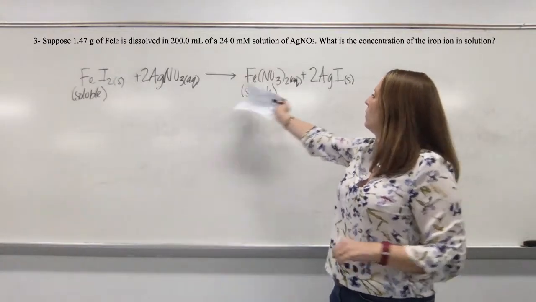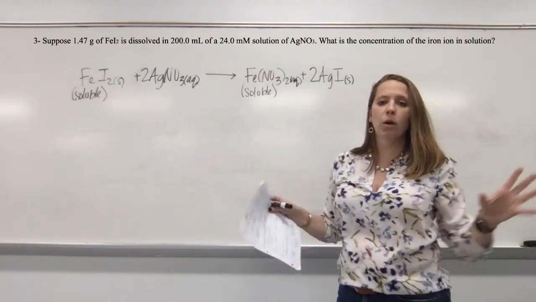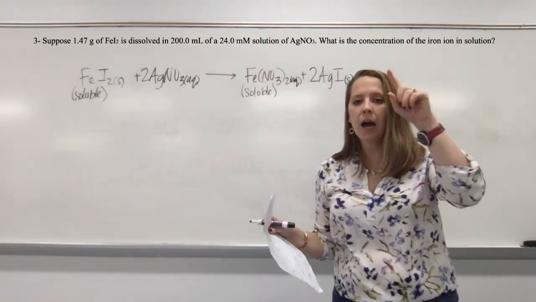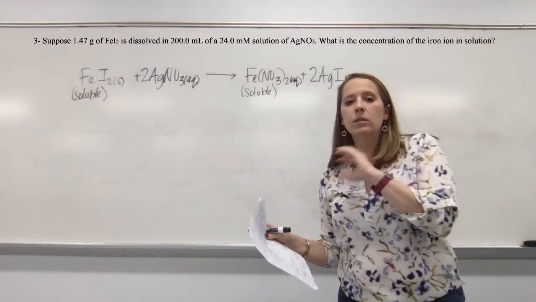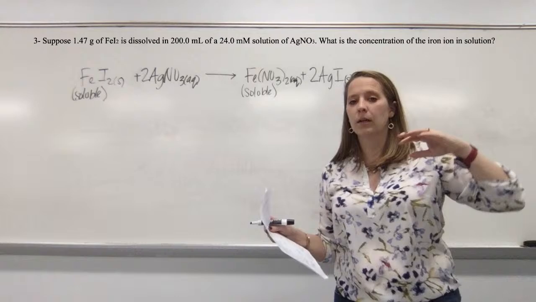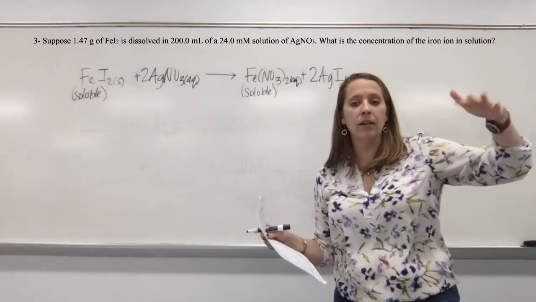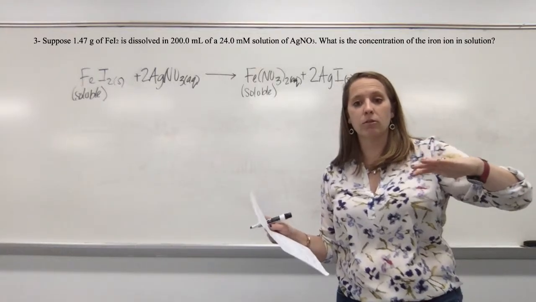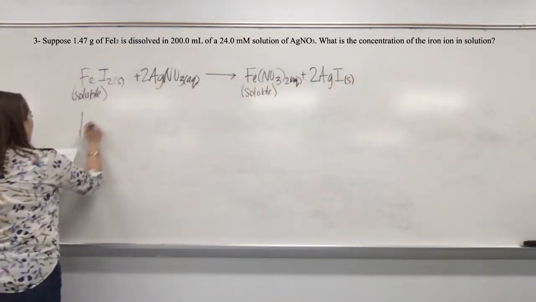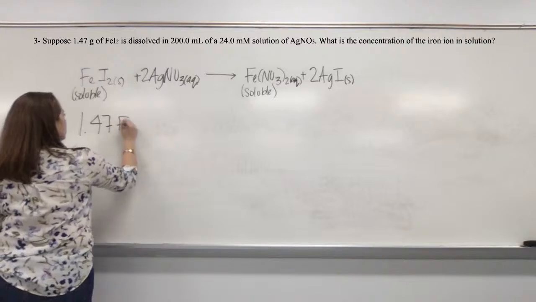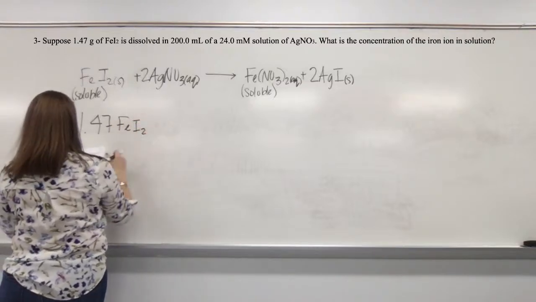So now we know that iron is soluble on both sides. The question asks, what is the iron concentration at the end? This is just asking for you to take the moles of iron and divide by the volume of the solution. So in this case, we're going to take our 1.47 grams of iron iodide.